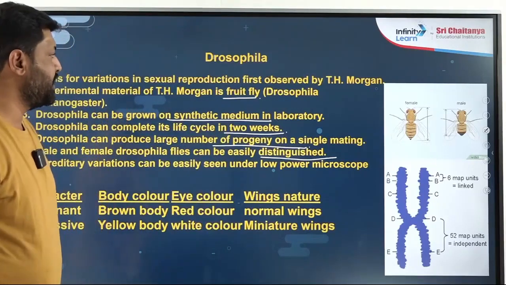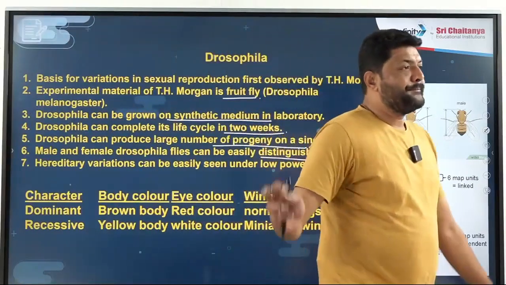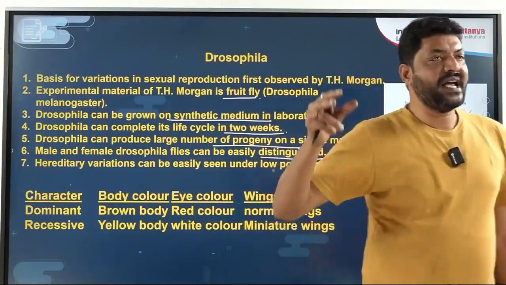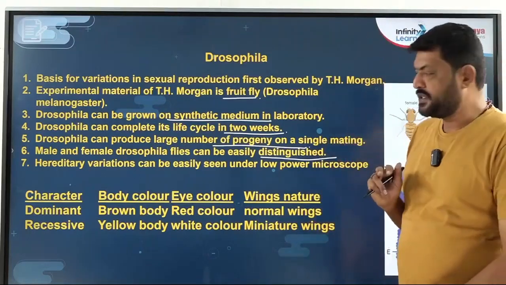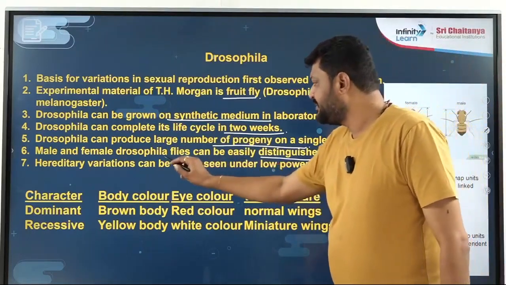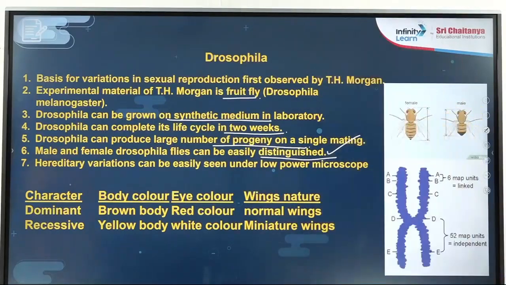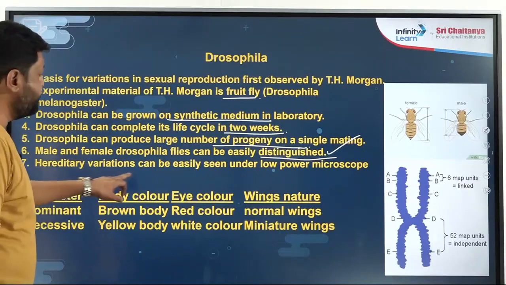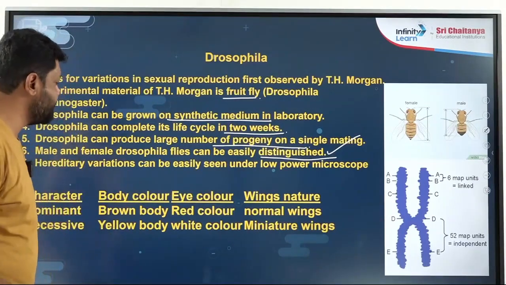In the third option, it is given that male and female Drosophila cannot be distinguished. That is the incorrect option, but male and female Drosophila can be easily distinguished. Hereditary variations can be easily observed under a low microscope. This is also one of the important features.